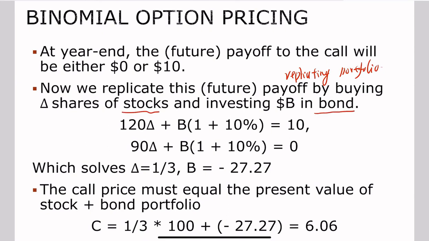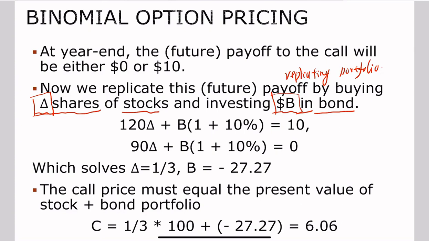So this is a portfolio of stocks and bond. To be more specific, you will buy delta shares of stocks and you will invest $B in the bond. Of course, now we don't know the value of delta and we also don't know the value of B. We have to solve this.